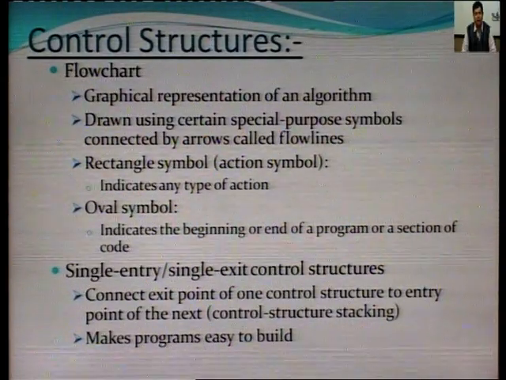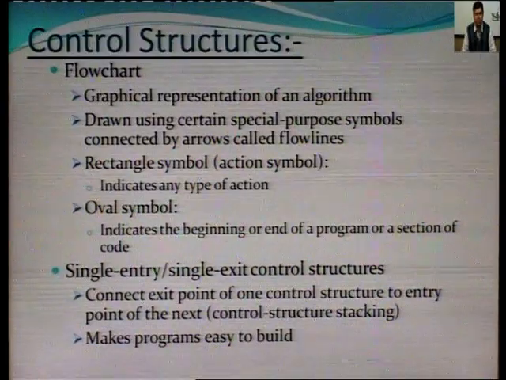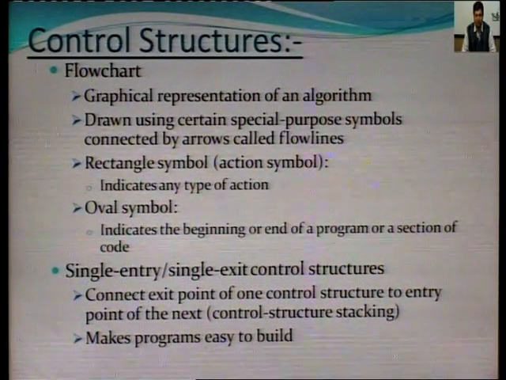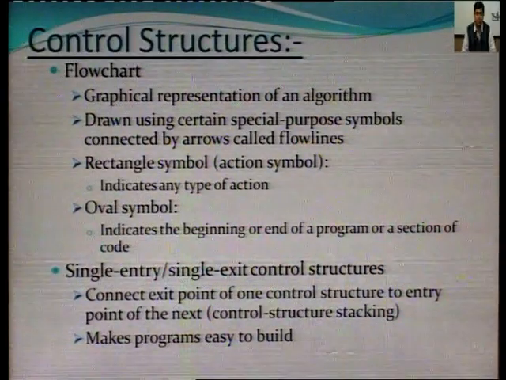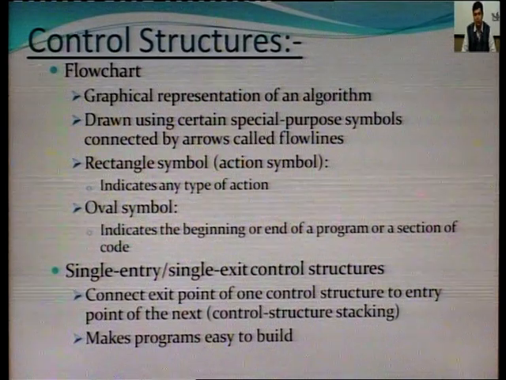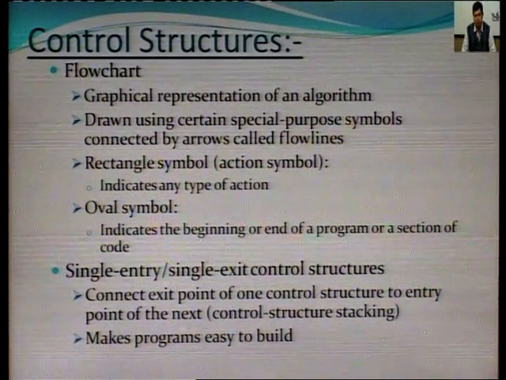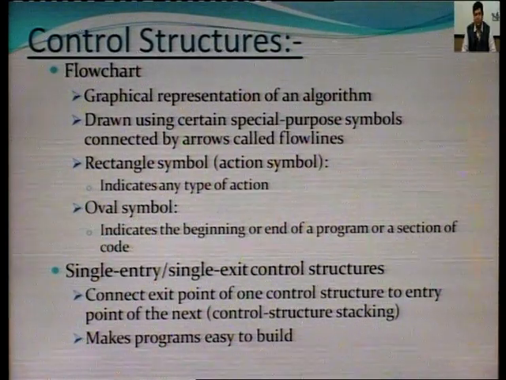Now a very important thing we generally talk about: whenever we have to write a program, we must go for a flowchart. A flowchart is generally a pictorial representation of the logical sequence of instructions which are to be executed in order to solve a particular problem. Basically, it is a graphical representation of an algorithm.